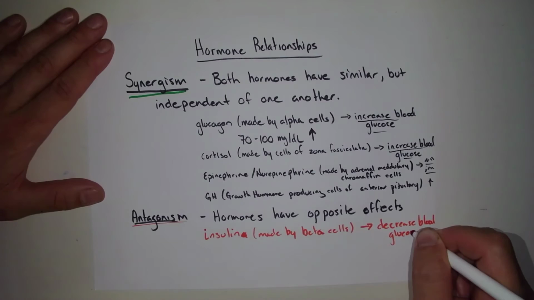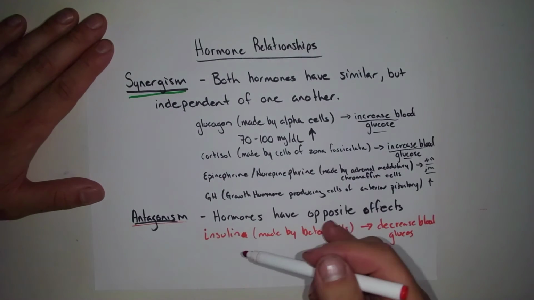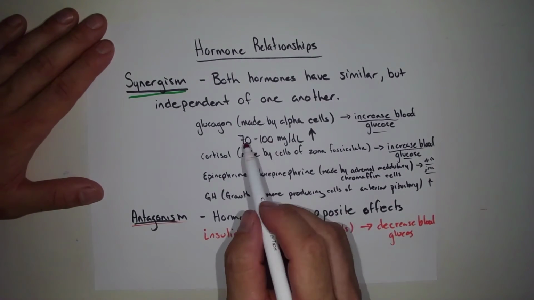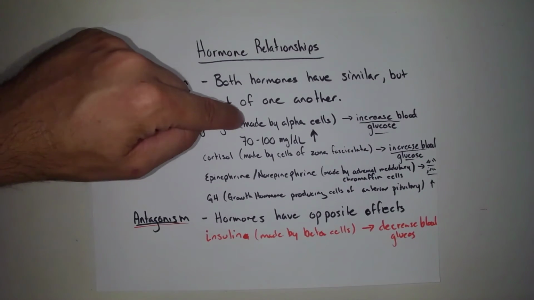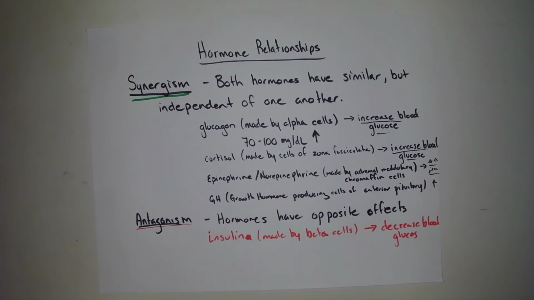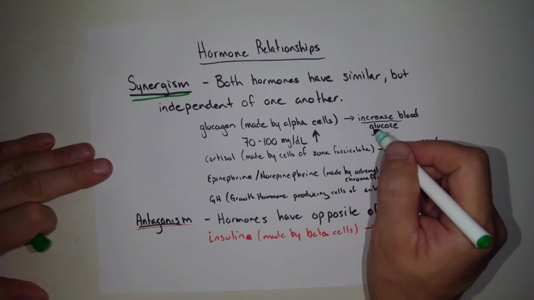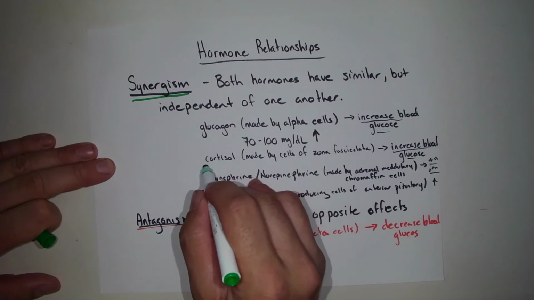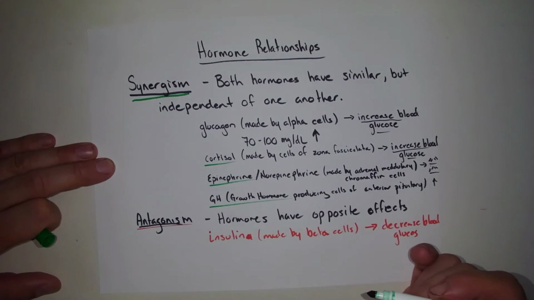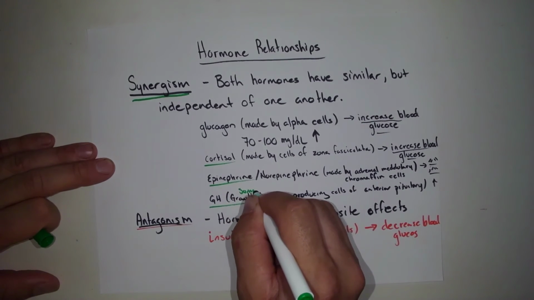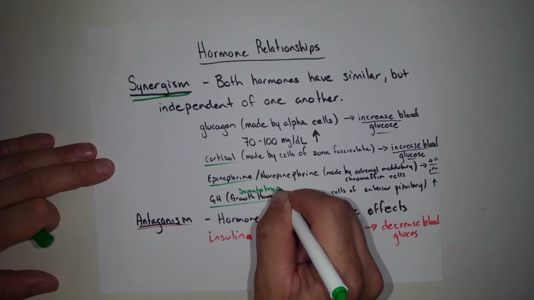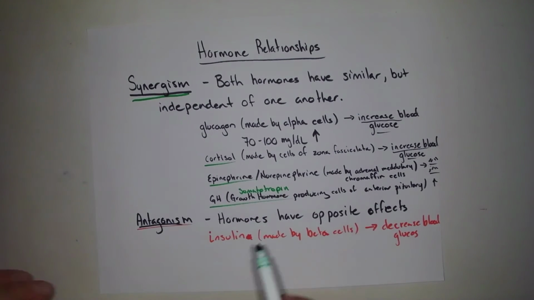So when you're releasing glucagon and releasing insulin, you might not see that blood glucose level change at all, because everything that this is putting into the blood, this is taking out of the blood. Where all of these had a synergistic effect with glucagon. Remember, another name for growth hormone is somatotropin. So it could be somatotropin producing cells of the anterior pituitary. Insulin has a contrasting effect.